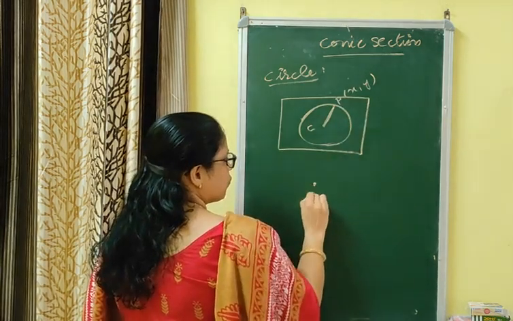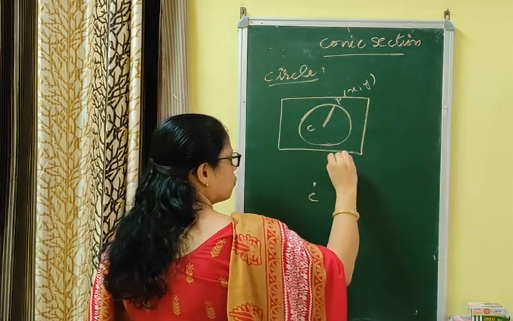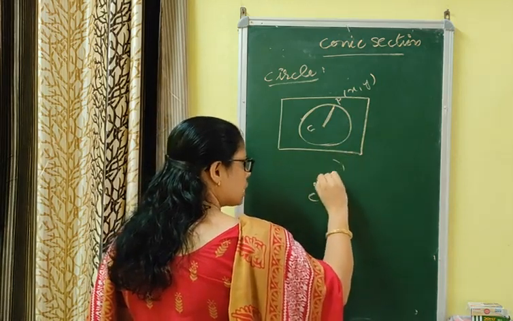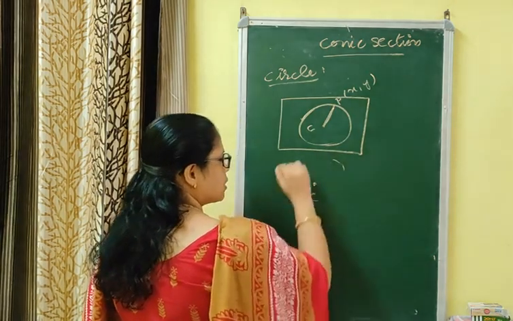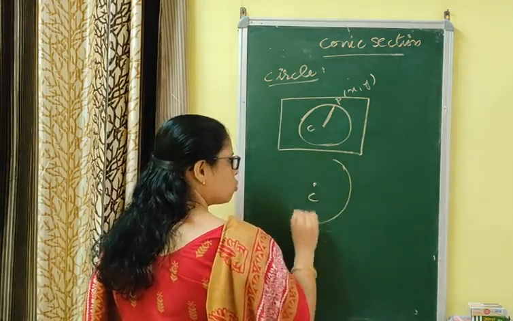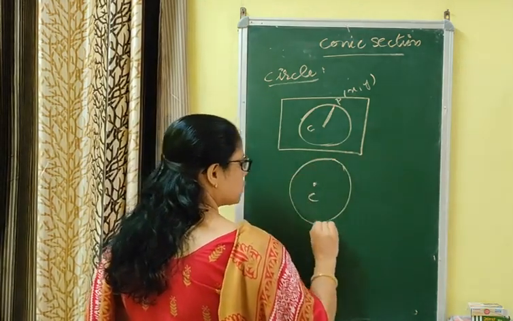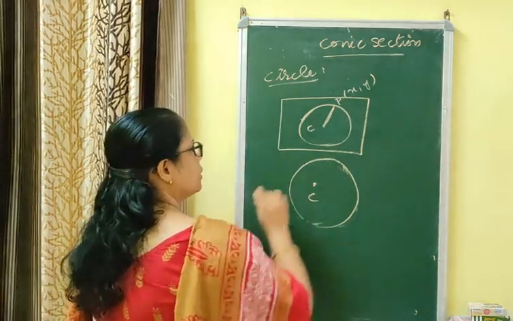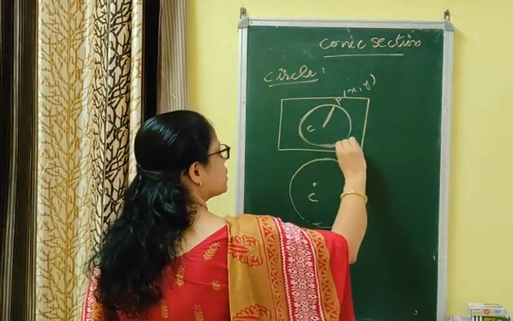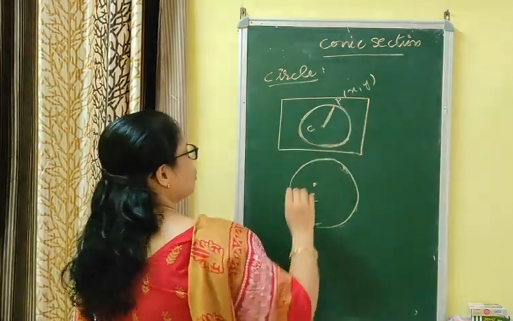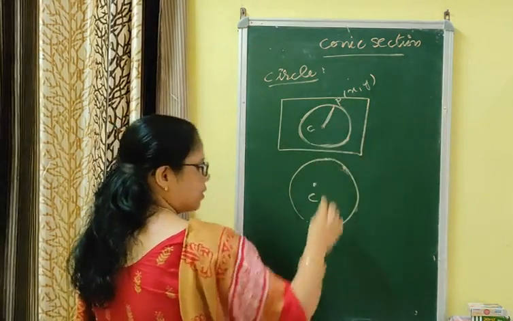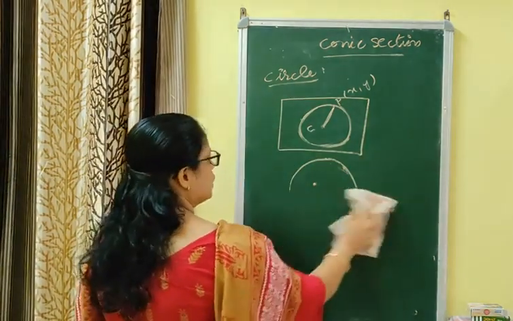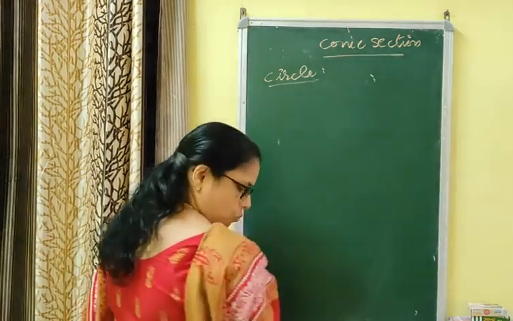That means this is a fixed point, and the moving point should move in such a way that the distance always will be the same. That means it has to move in a circular form like this. The fixed point is the center and the fixed distance is the radius. Now this is the definition of circle.